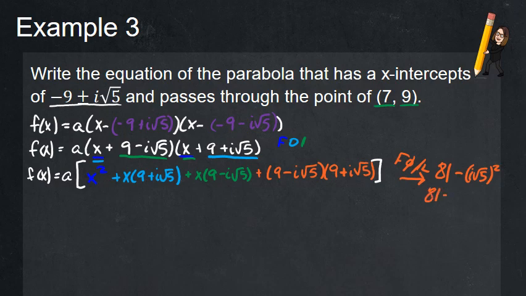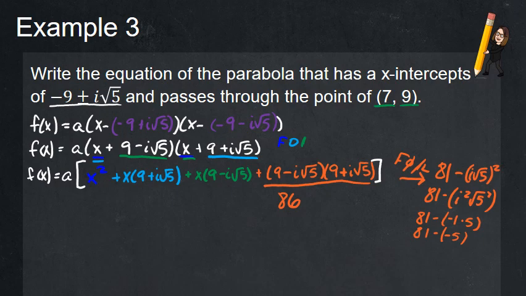Bring down that 81 minus. It gets me to i squared and radical 5 squared. i squared is -1. Radical 5 squared is 5. -1 times 5 is -5. 81 plus 5. All of this simplifies down to 86.